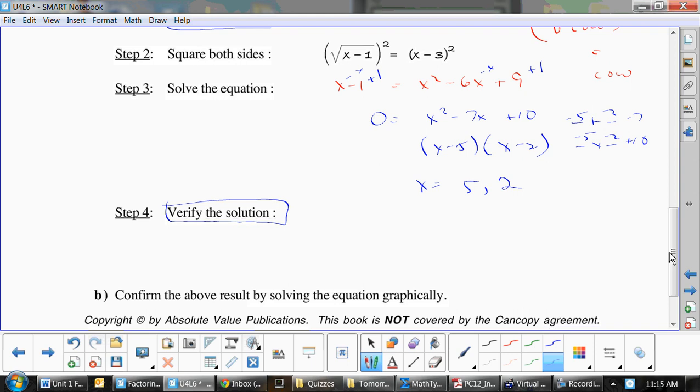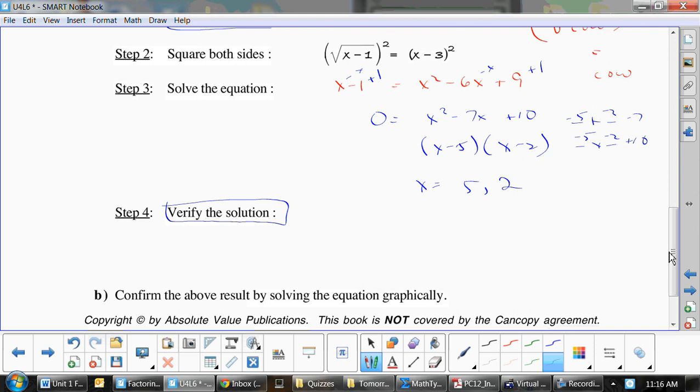Save yourself some time and skip the question, because then you can work on something else. You're getting this one wrong because you're not verifying it, so you might as well not even do it. Take time on the other questions, okay? And I promise you, if you don't verify these, there'll be a little multiple choice ready for you to pick, and you'll pick 5 and 2, because we don't know if one of them could work, both of them can work, or none of them can work.